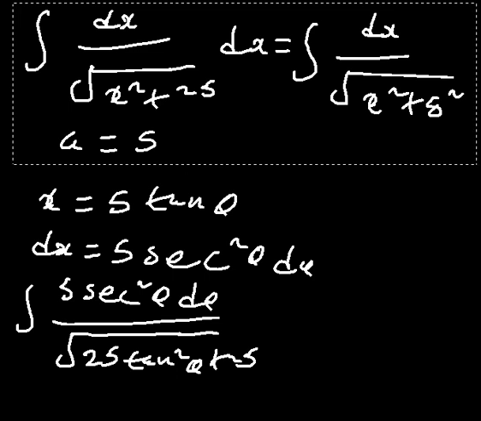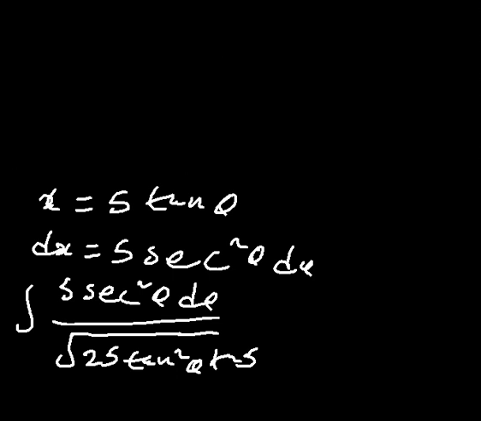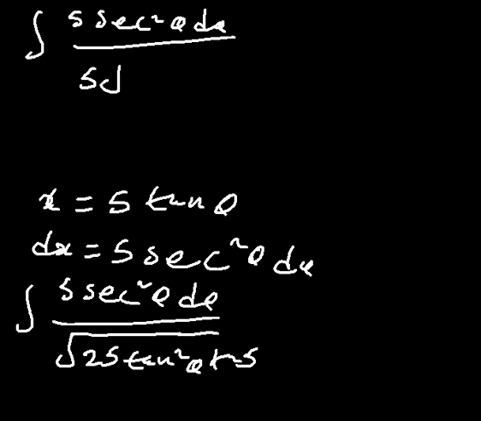Using the same way we have done it before, we have the integral of 5 sec square theta d theta, divided by 5 times sec square theta. The 5 will cancel.